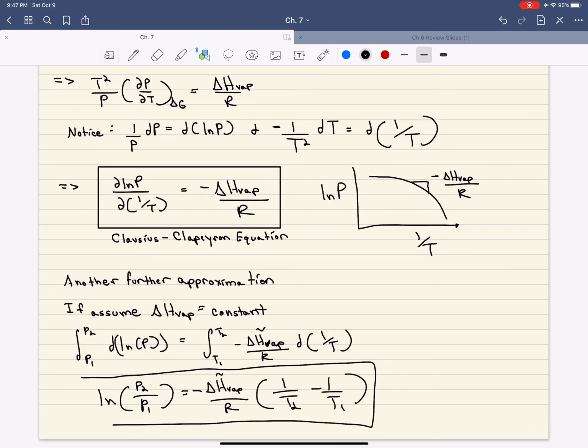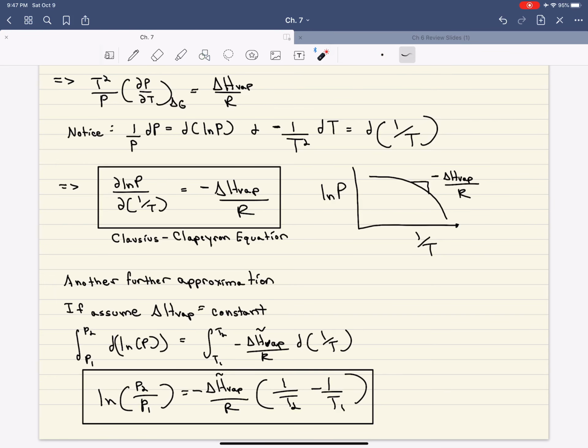And one that, if you measured the transition pressures at one temperature and another temperature, you would be able to figure out the enthalpy of vaporization. Okay? Furthermore, people can rewrite it like this.